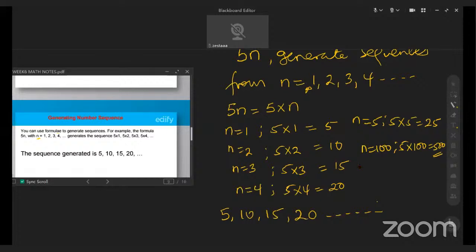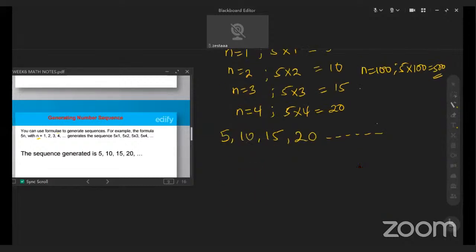Sir, what if it is in a decimal form? What if they say 1.2n? Good. Jotham is saying, what if we have decimals? We have 1.2n, and they tell us our n is defined. Usually when they talk about n, it is from 1, 2, 3, 4 onwards.